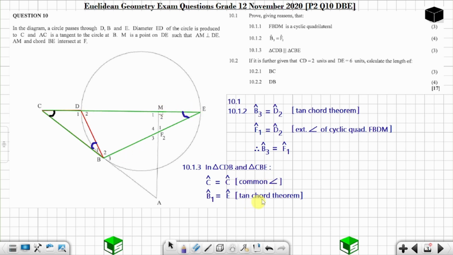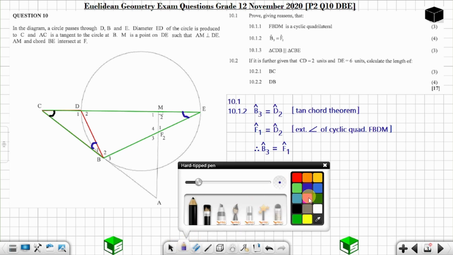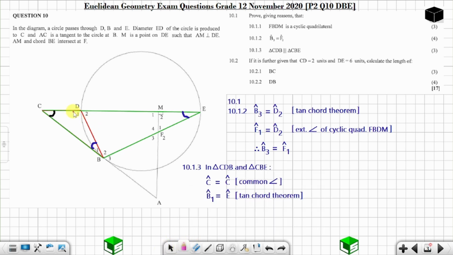Now, when you prove two angles in one triangle are equal to two angles in another triangle, automatically the third angle in one triangle is equal to the third angle in the other.